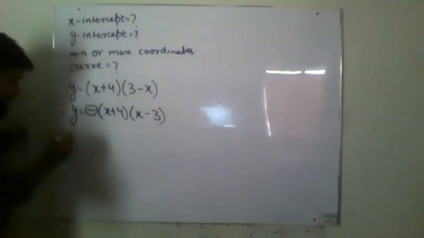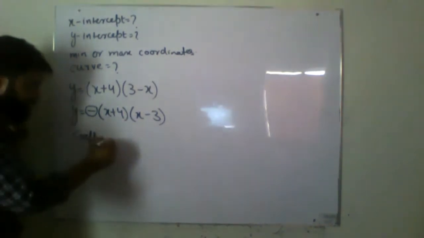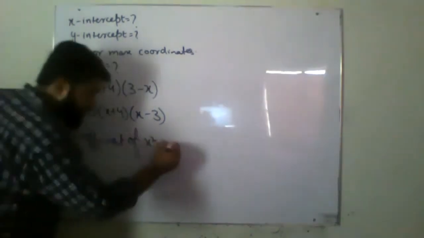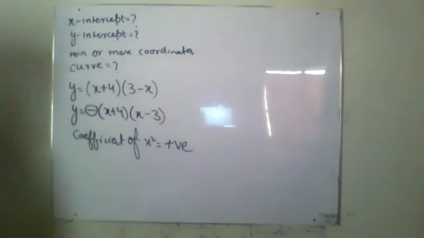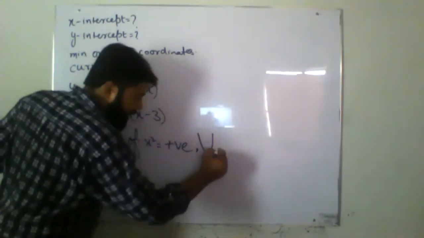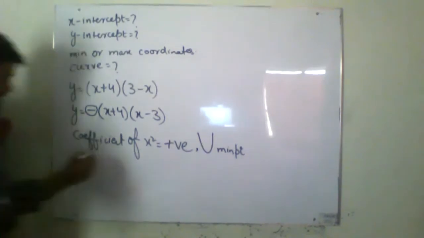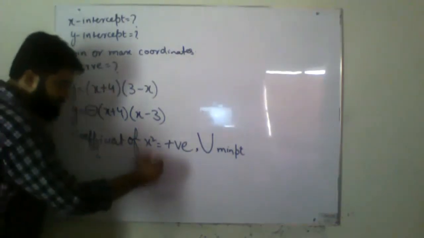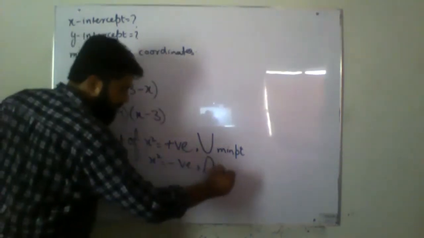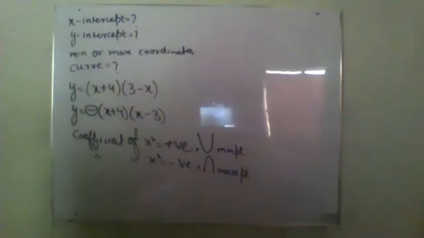So now, if the coefficient of x square is positive, then I will have a minimum point. And if the coefficient of x square is negative, then I will have a maximum point. Okay, very easy to remember.